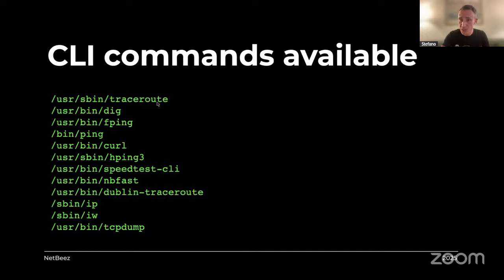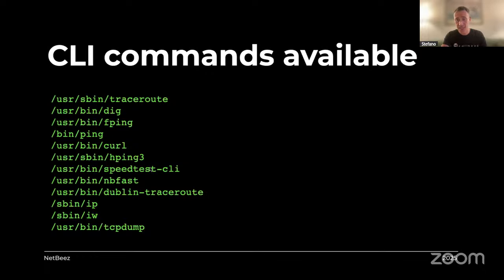But here there is a lot to do for at least a network engineer. We have traceroute, of course, which is the path analysis of your routes from all your agents. Dig is a DNS utility. fping is a ping utility along with ping. And then we have curl. Curl is the one, for example, that I use in the script to break down the HTTP loading time into different steps of the HTTP process. hping is a utility that can do TCP ping tests, for instance.